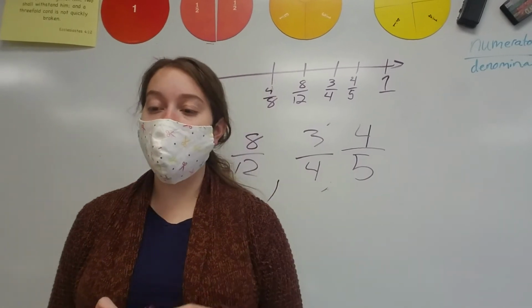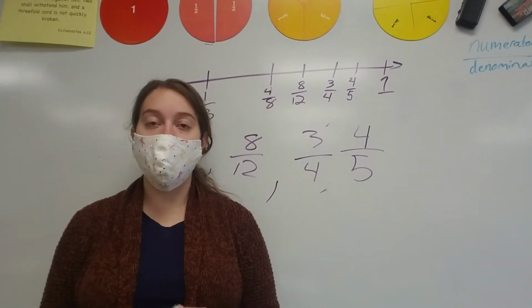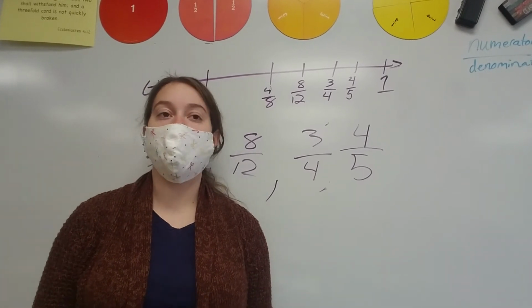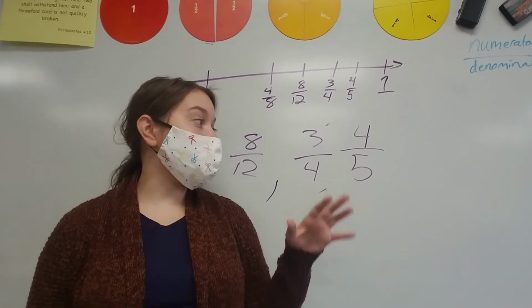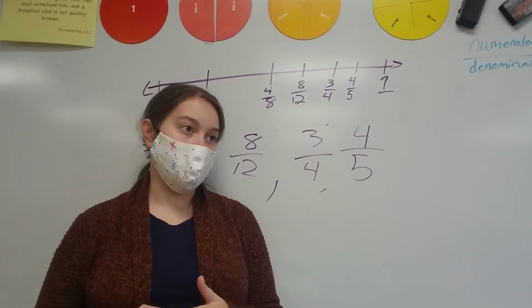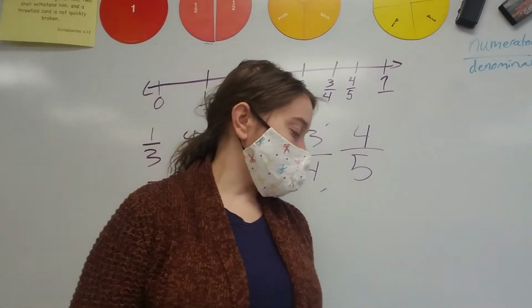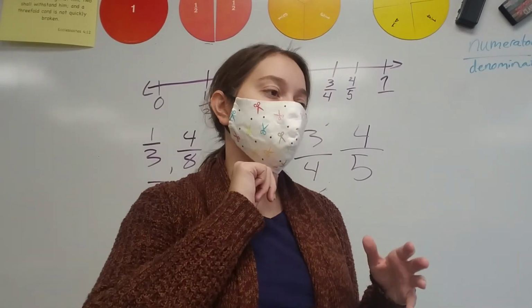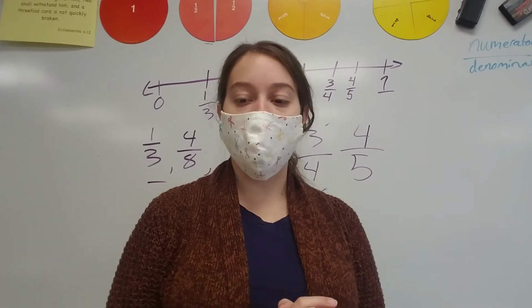Okay, so we are not going to do number 5 or number 6 because those are more advanced and we might come back to it later. But I want us to really understand this concept before we try to add that on top of it, okay? Because it's looking at improper fractions, having to make them proper, and then graphing them and charting them. I want us to focus on what we learned today, okay?